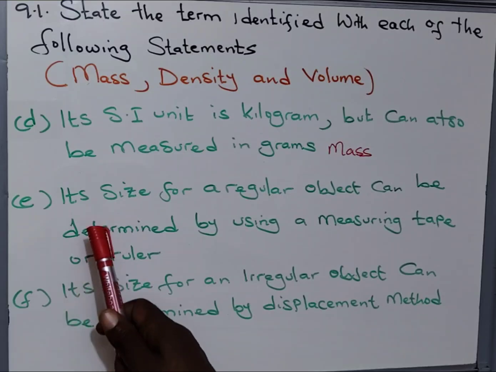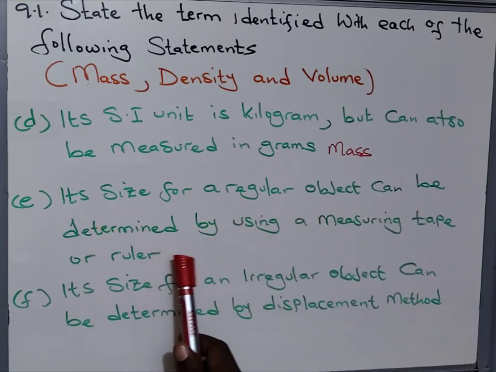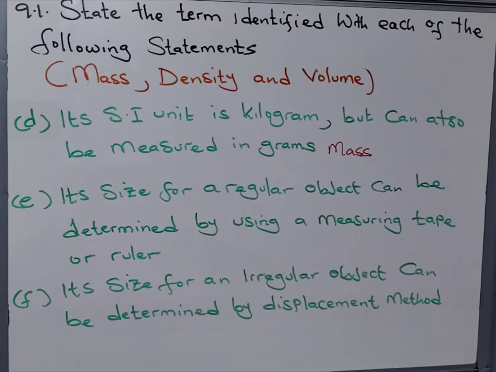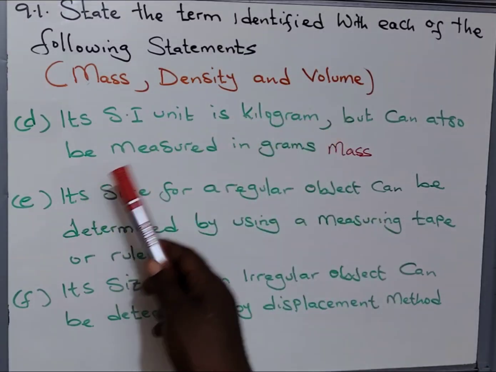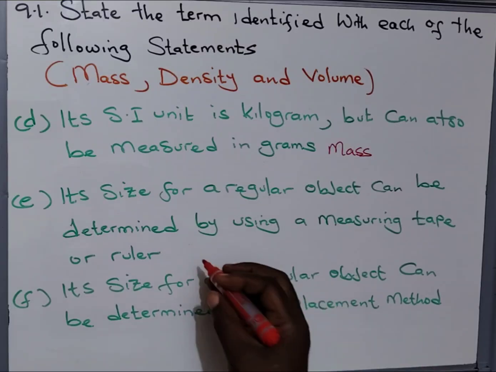So this one says that its size for a regular object can be measured by using a measuring tape or a ruler. Which one of these can be determined by using a ruler? The answer is volume.